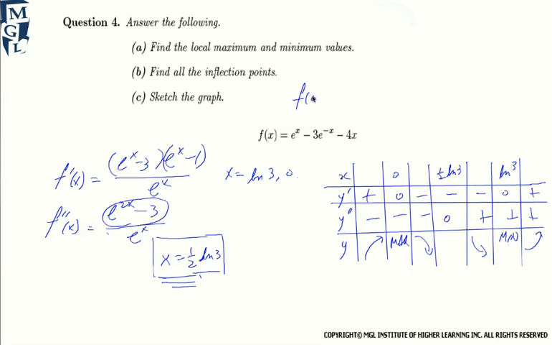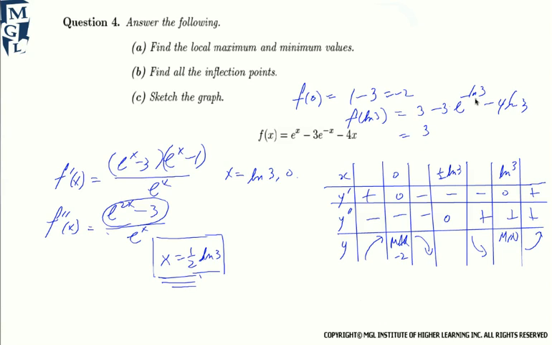So we can plug in 0 to get the local maximum. It's 1 minus 3, you get negative 2. And when you plug in ln of 3, you get 3 minus 3 times e to the power minus ln of 3 minus 4 ln of 3.